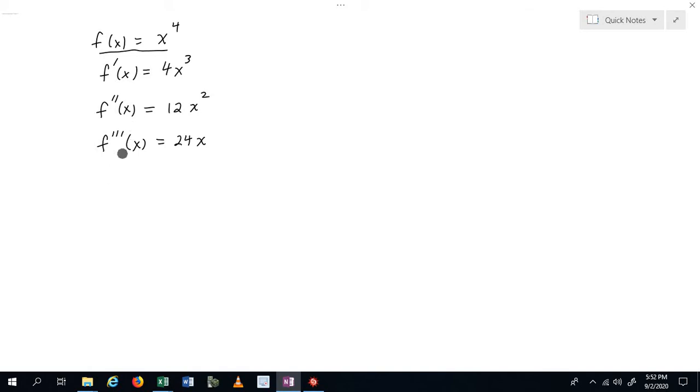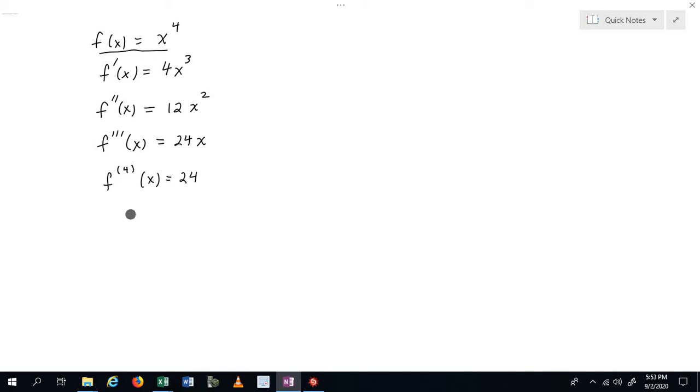Now you can continue to put primes here, but also at some point you may want to start using just a number. And so if I take the fourth derivative, you can use a 4 to denote 4 primes. So this would stand for the fourth derivative of the original function. And that's simply the derivative of the third derivative. Okay, and so the derivative of this would just be 24.